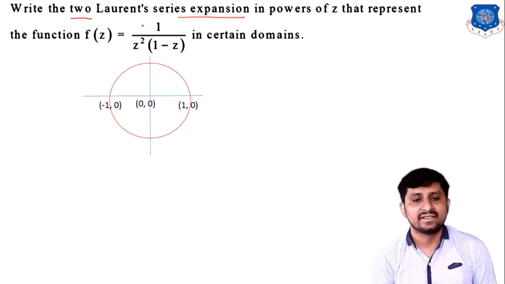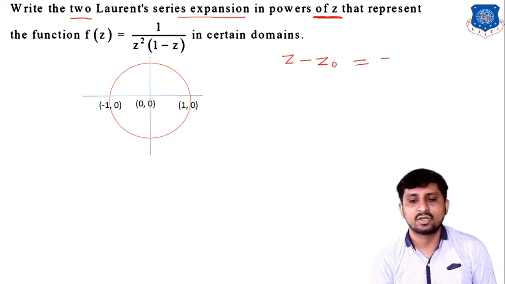So write the two Laurent series expansions in powers of z. Now try to understand this concept. In powers of z means your center point is 0, compared with z minus z0. So in powers of z, z0 is equal to 0.